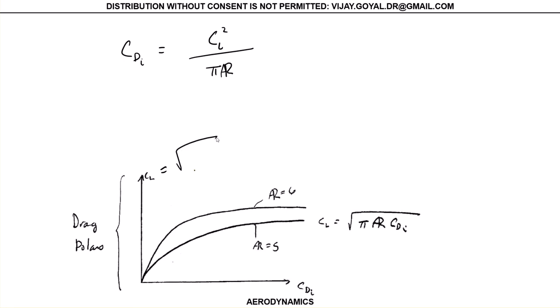If we just plot this, CDi versus this, you can see what happens. As aspect ratio goes to infinity, your induced drag tends to 0.